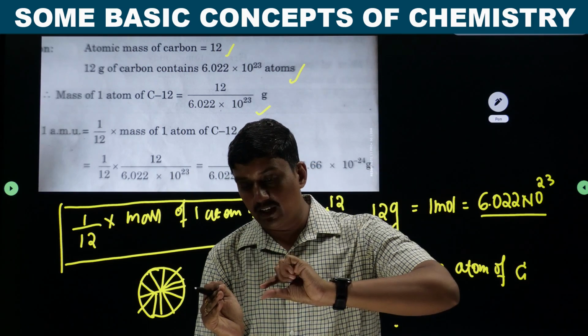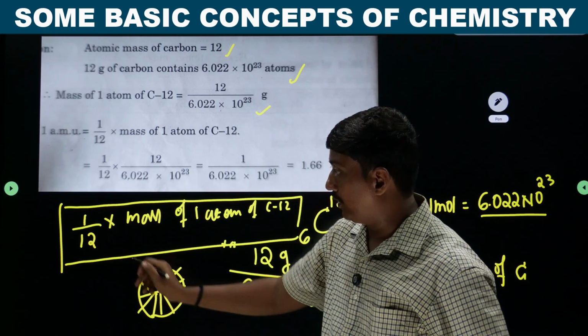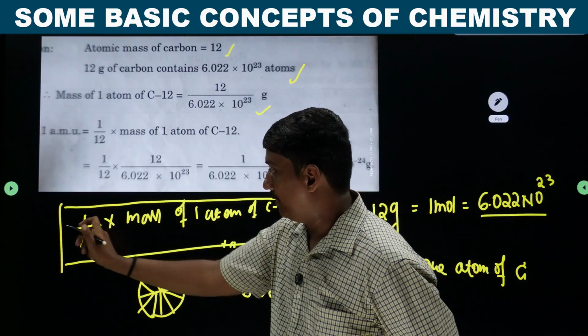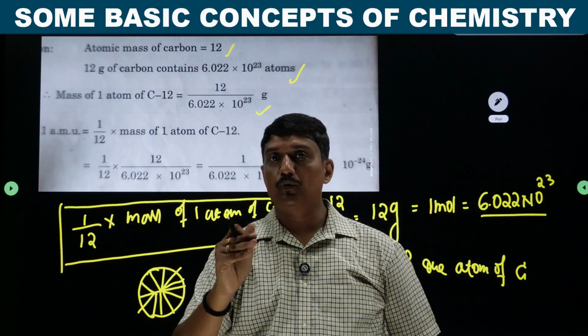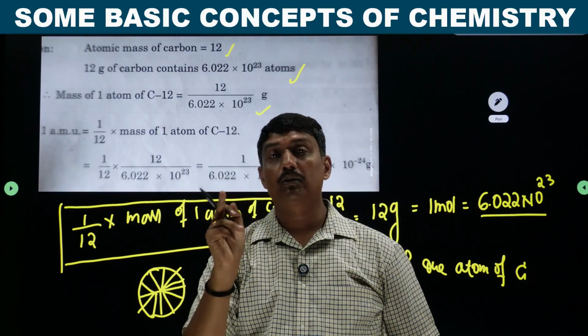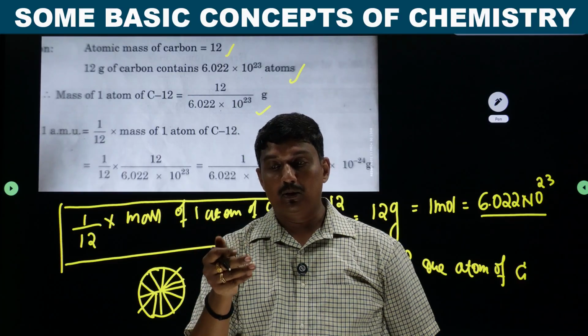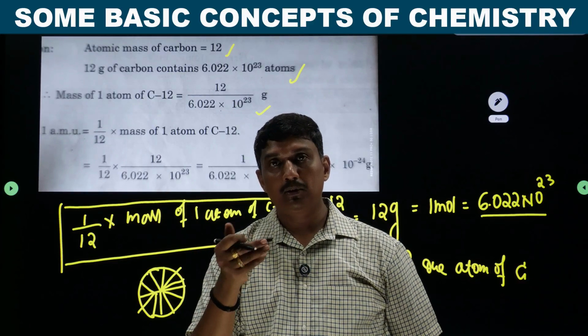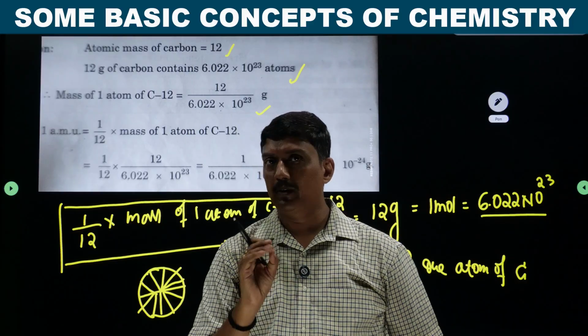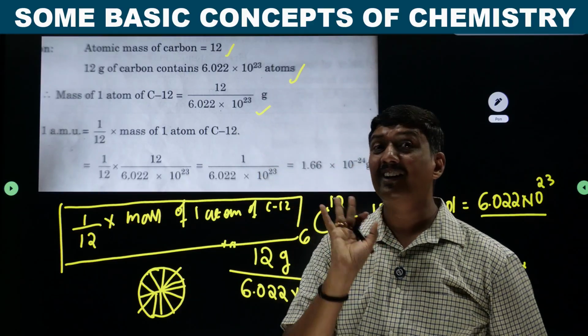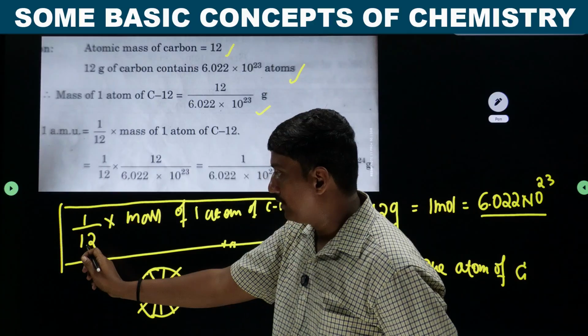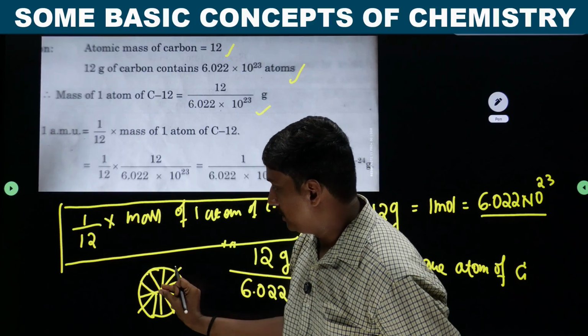You are taking one of these 12. The mass of a proton and the mass of a neutron are almost the same. That is why we consider the mass number, the total number of protons and neutrons, as almost the same. They differ only at the third decimal. Okay, 1 by 12, this is the meaning.